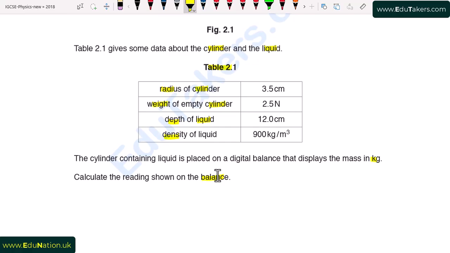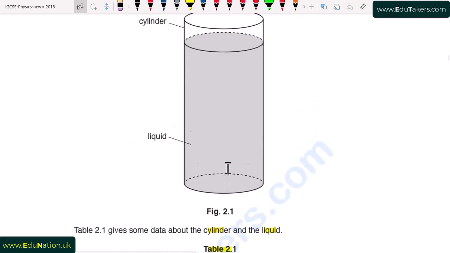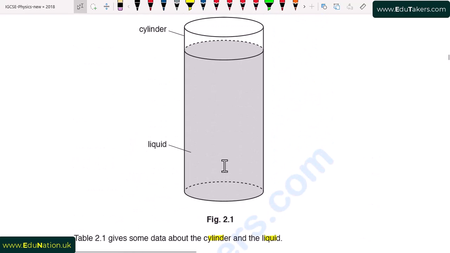Here we have to find out the mass. So first of all, here is some data that is given and we can see in figure 2.1 that there is a cylinder and also there is a liquid inside this cylinder. So the total mass will be the sum of mass of cylinder plus the mass of liquid. I write here total mass will be equal to mass of cylinder plus mass of liquid.